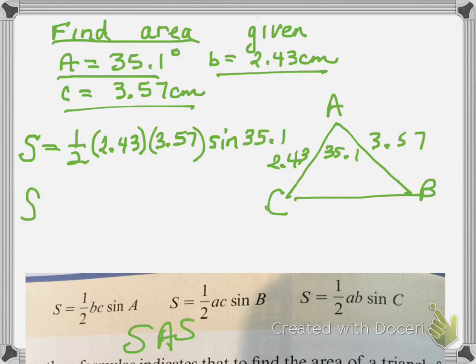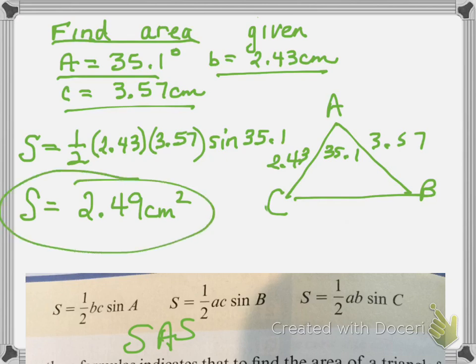And so if you multiply that all together, you will have an answer of 2.49 square centimeters. So in your calculator, you would just type in 0.5 times 2.43 times 3.57 times the sine of 35.1, and you would want to make sure that your calculator is in degrees before you do that. And so there's our area.